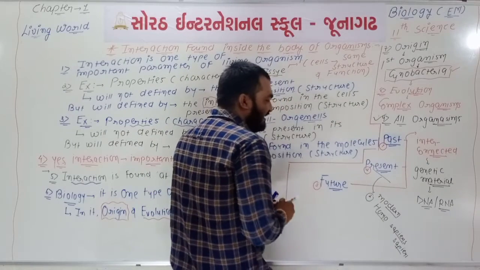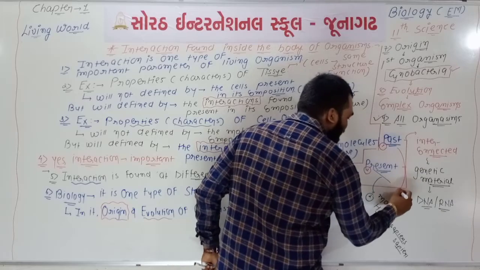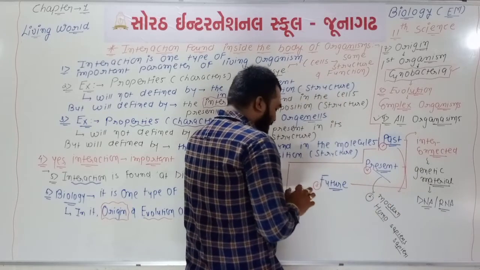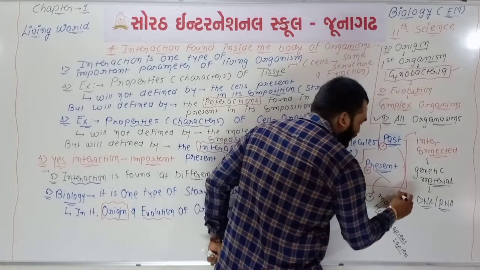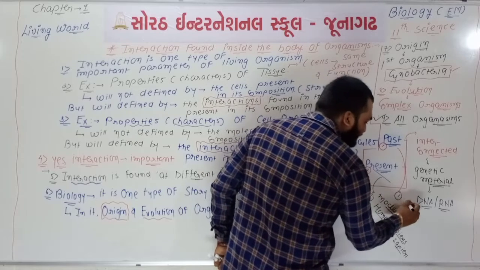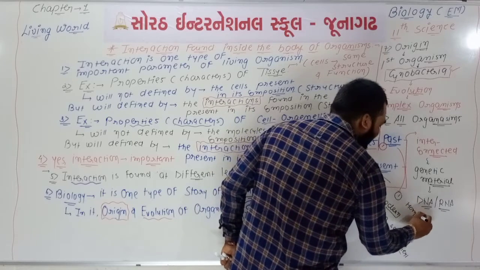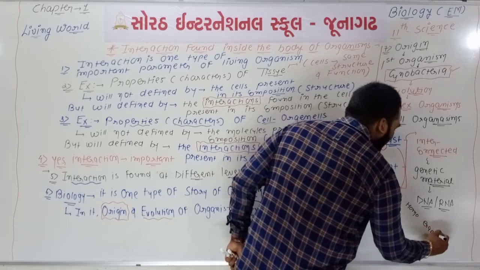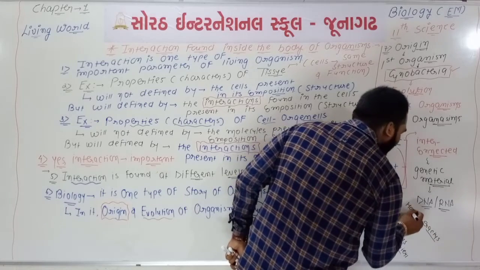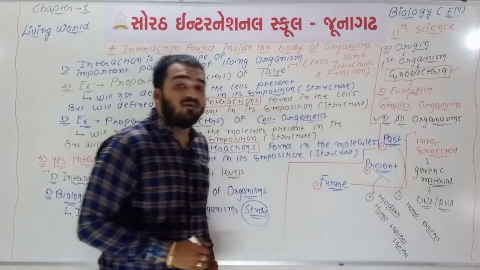If we talk about our ancestors, meaning humans found in the past, then the scientific name of this type of human is Homo erectus. It is the scientific name of our ancestor.